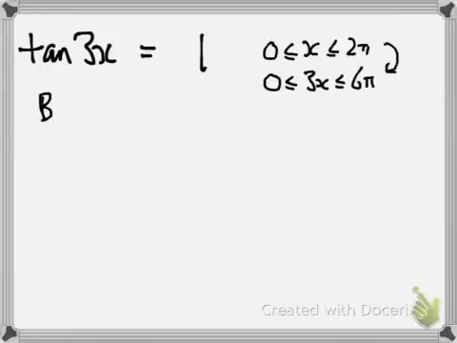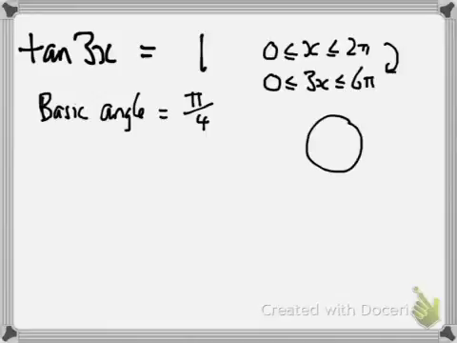Alright, back to the basic angle. Looking at the table, or from memory, the angle that has a tan value of 1 is pi on 4. That's our basic angle. Our tan value is a positive 1. So in our cast diagram, where is tan positive?